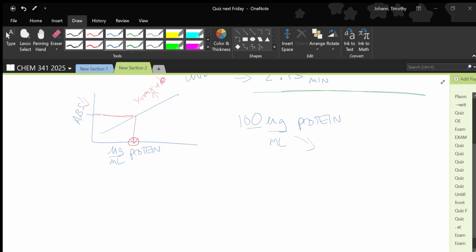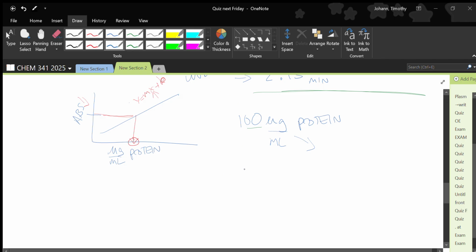Let's do it like this. We're going to use that as a conversion factor. So you had 10 microliters protein added.